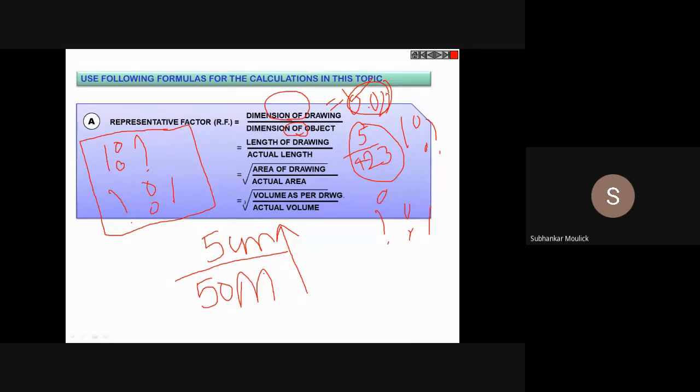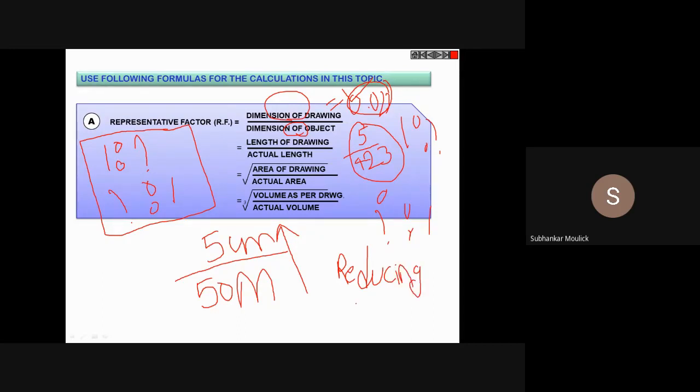If you are decreasing any dimension of the object, that means when you are scaling down any dimension of the object, then according to RF, I can classify that scale as reducing scale.